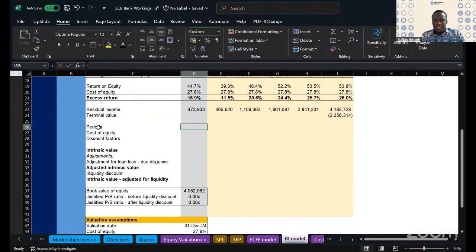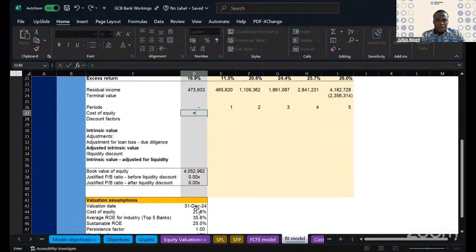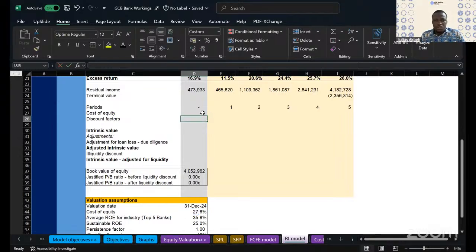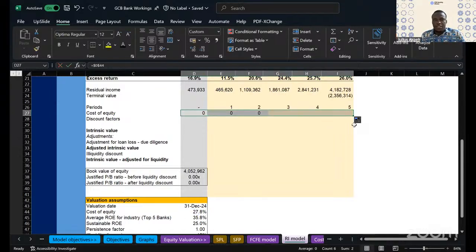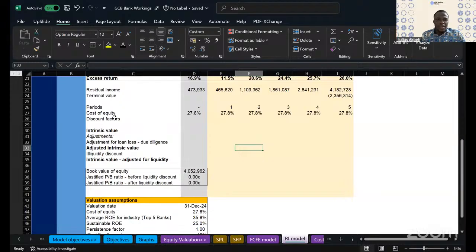So the period 0, then we have 1, 2, 3, 4, 5. Then we have the cost of equity again, then we lock it. We have that here as well.